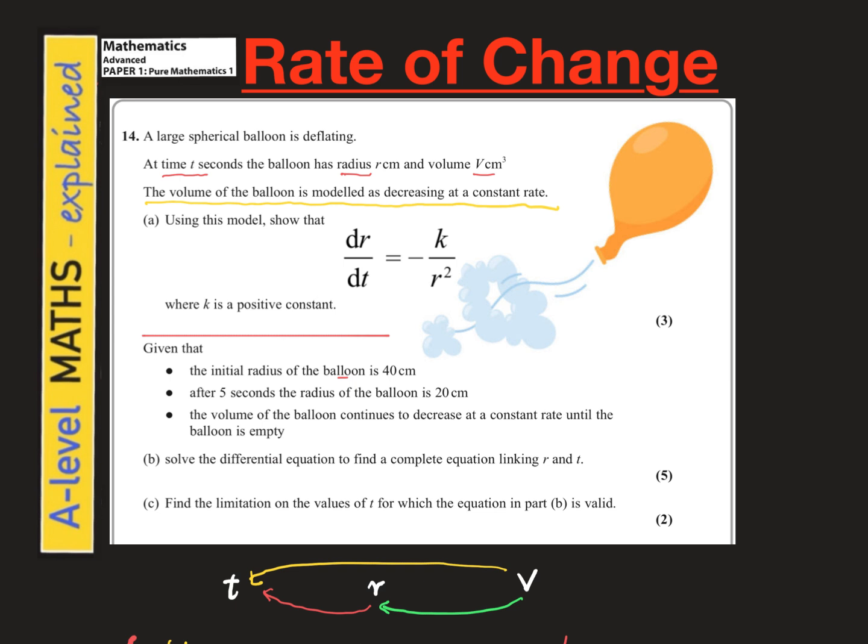Notice that it says you have to solve the differential equation. That equation is this equation here. And if you want to find the equation itself, we need to do some integration. By integrating the above, we'll be able to find a complete equation which links r and t.